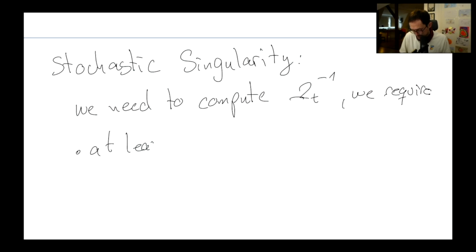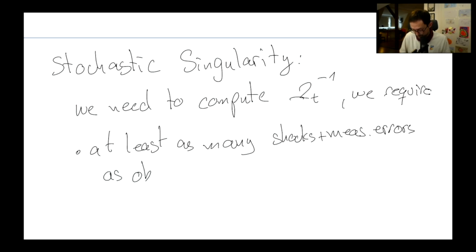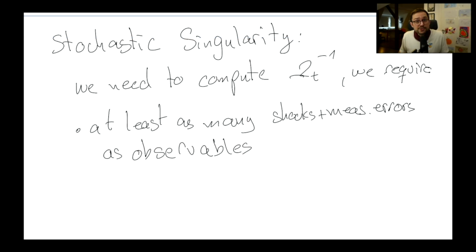At least as many shocks plus measurement errors as observables. You can have more shocks and measurement errors. That is not a problem. And the major thing that you have to be careful about is that you cannot have collinearity between your observables.